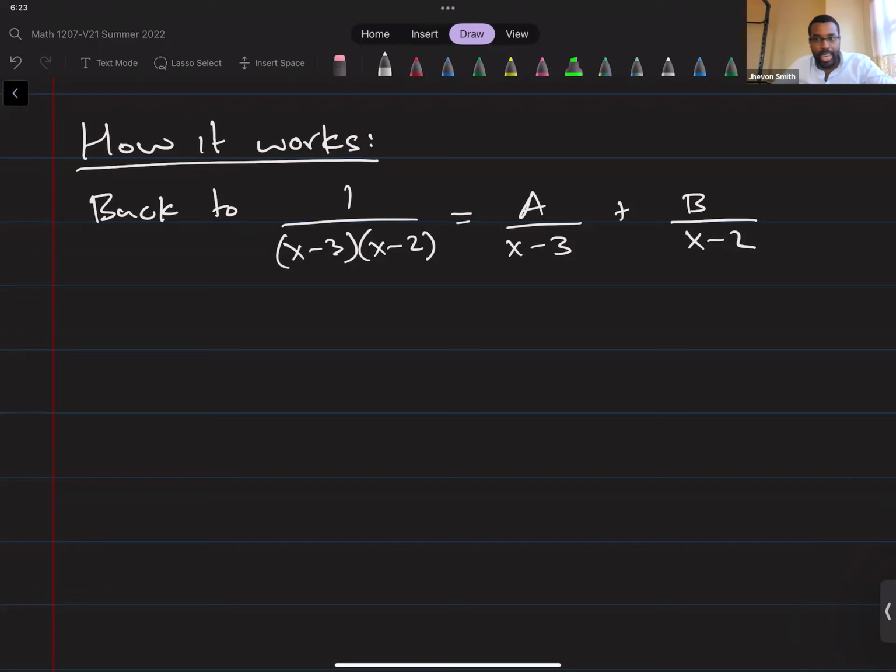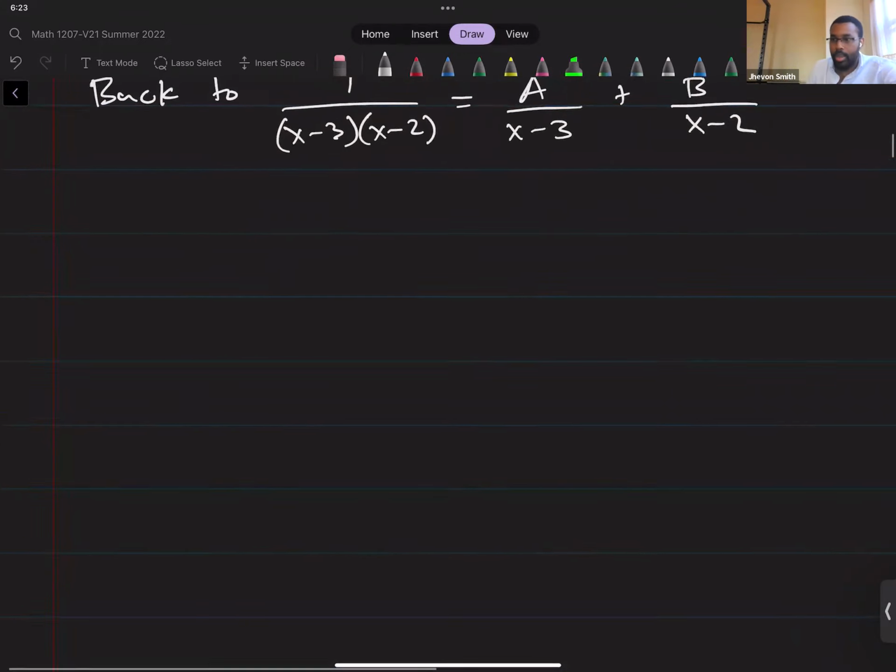So in a very specific case, there is a shortcut, and the cover-up method works in these cases. So here's how you would do it.